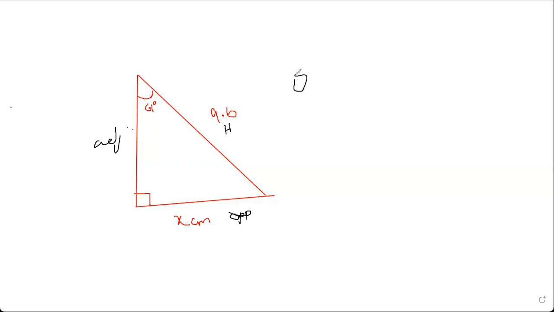So we can use opposite over hypotenuse. We have sine theta, cos theta, and tan theta. For sine theta, we have opposite over hypotenuse, so you can use sine theta here.